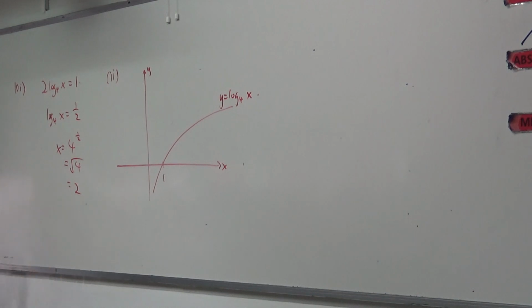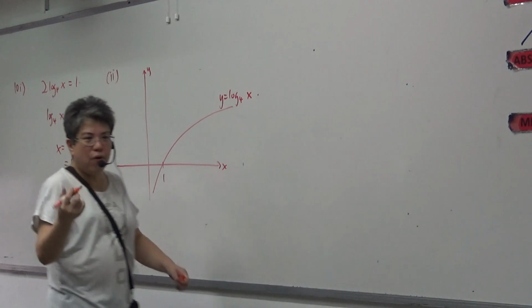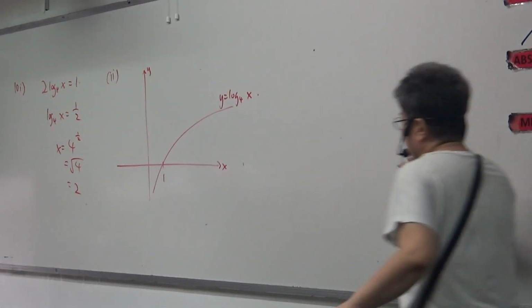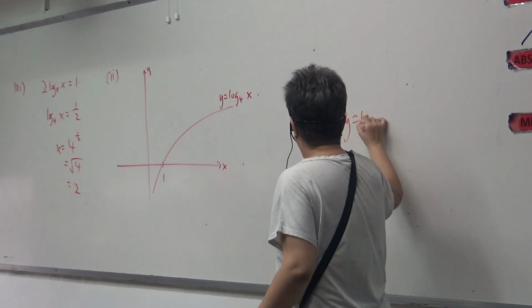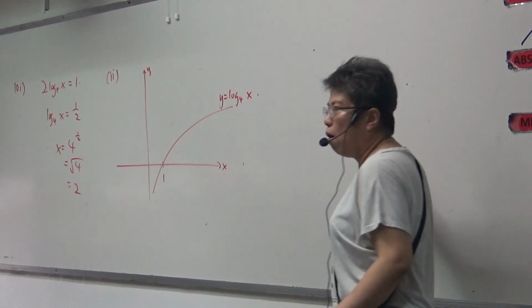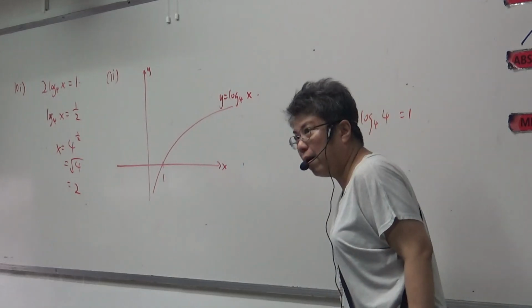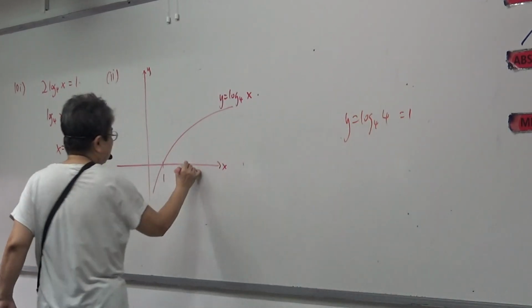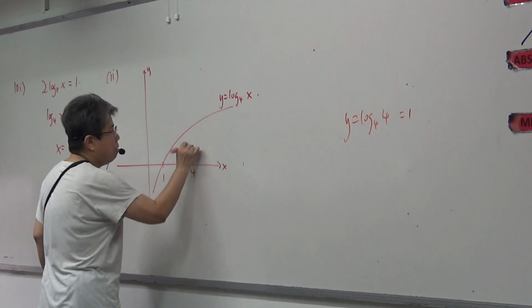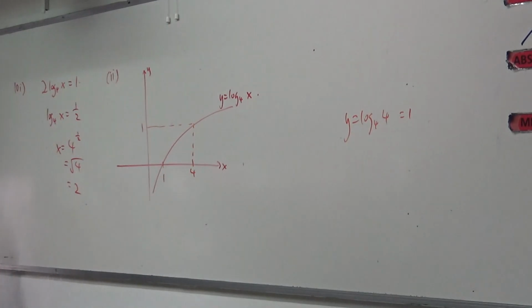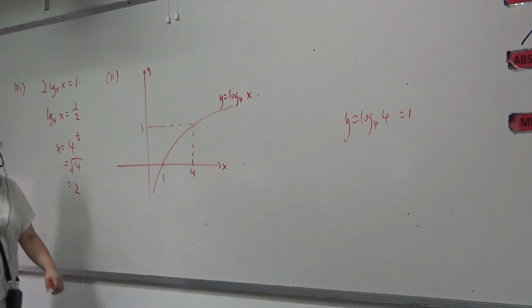Okay. Now, first, before I even add, I want to ask, what is log 4 for? 1. Correct? That means at 4, this guy is 1, right? Yes or no? Okay.